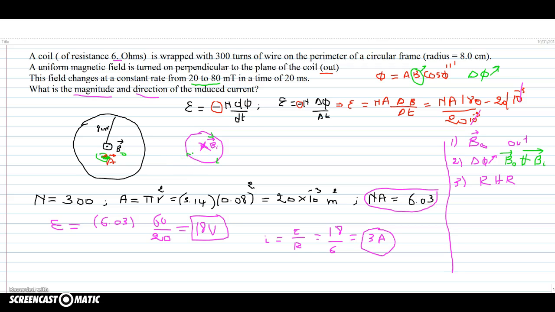If you rotate, this is the current, which is clockwise. And that's it. Now we have the whole story of this induced current, and these are the steps we have to remember. All right.